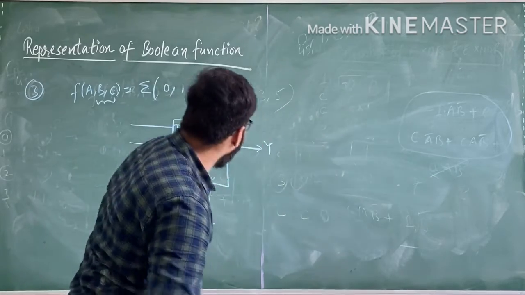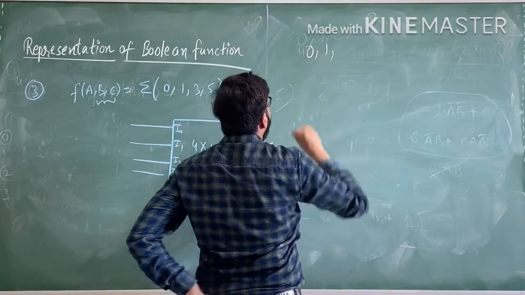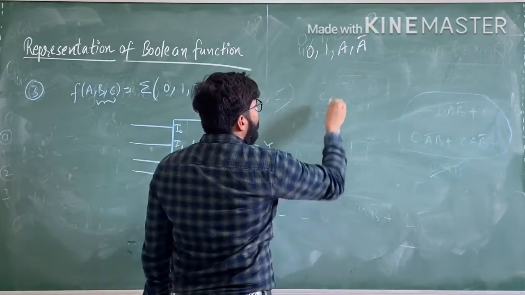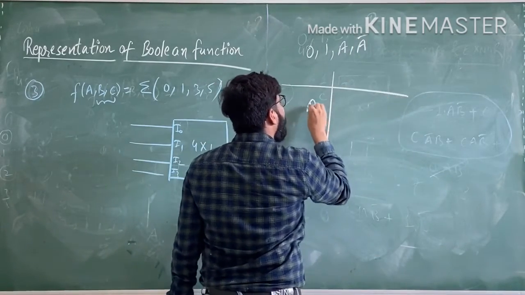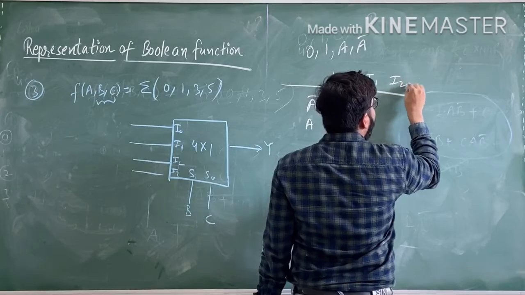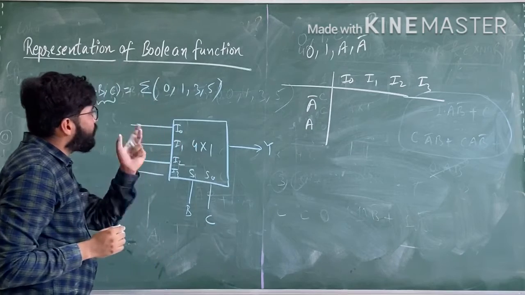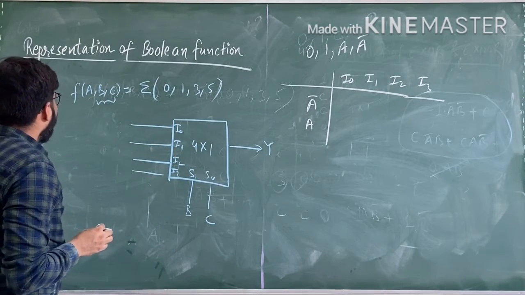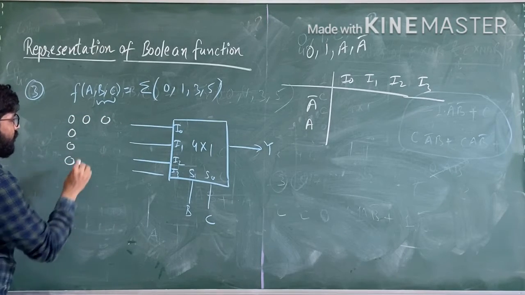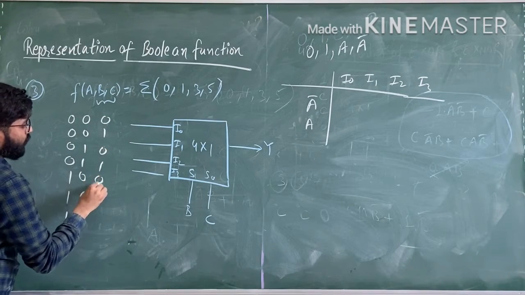Okay. Now you have to represent this in the form of 0, 1, and so on. A is missing, so here A and A complement are there. Now make a table. Suppose this is A complement and A, and this is I0, I1, I2 and I3. Okay. Now you will see in which positions A complement is present. So draw the table again: 000, 001, 010, 011, 100, 101, 110, 111.